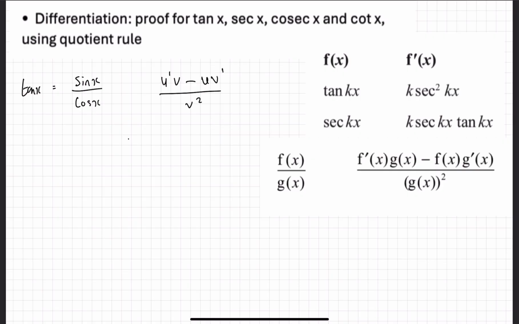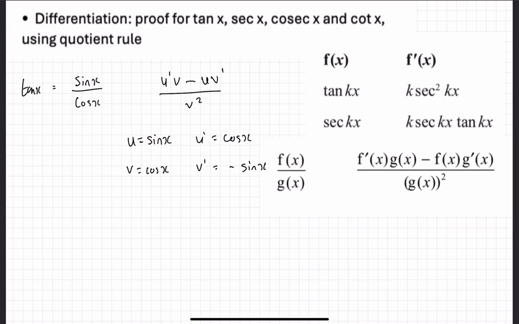So u equals sine x and v equals cos x. So u dash is cos x, v dash is negative sine x. We're trying to do the derivative of tan x, and we're trying to get sec squared x. That's the goal of this question.